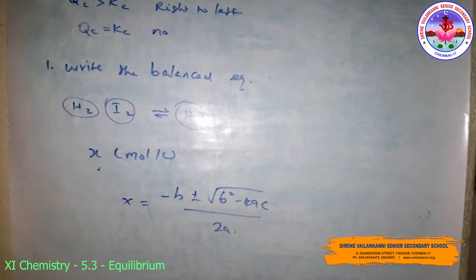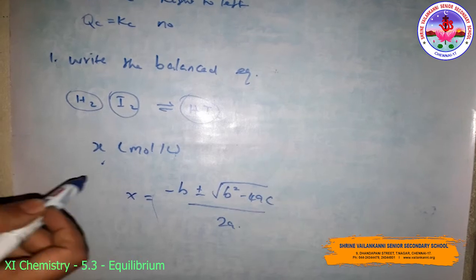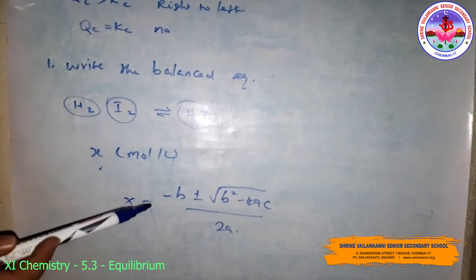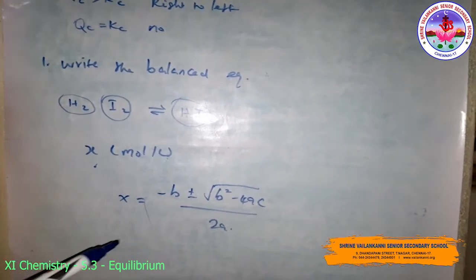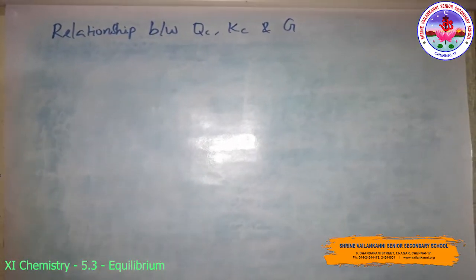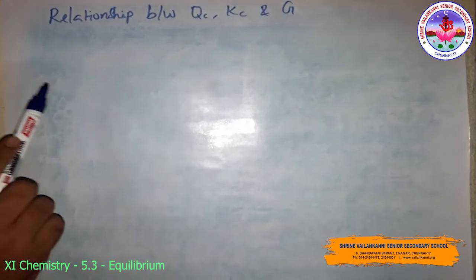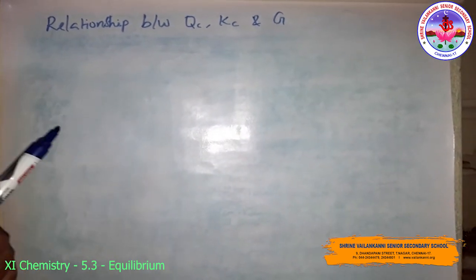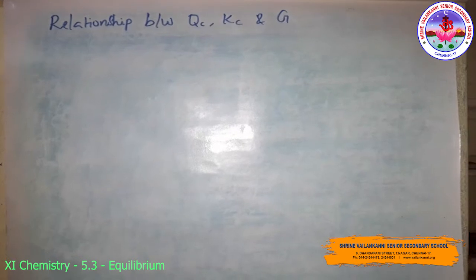Next is the relationship between the equilibrium constant, the reaction quotient, and the Gibbs energy. The value of Kc for a reaction does not depend on the rate of the reaction.